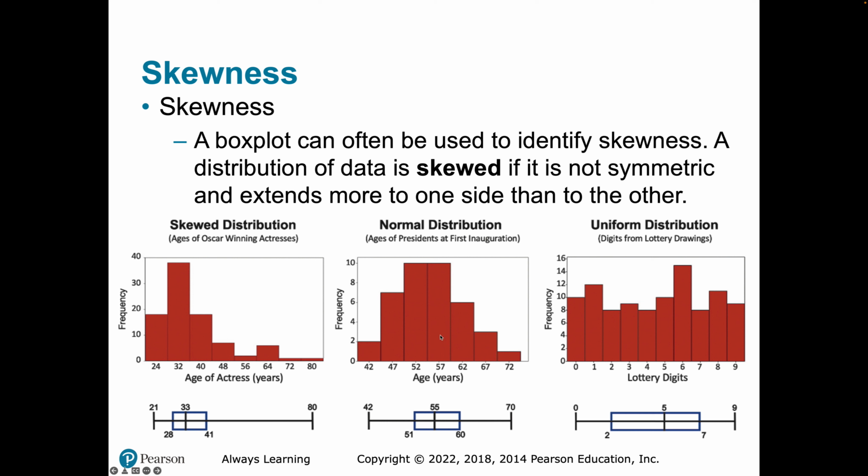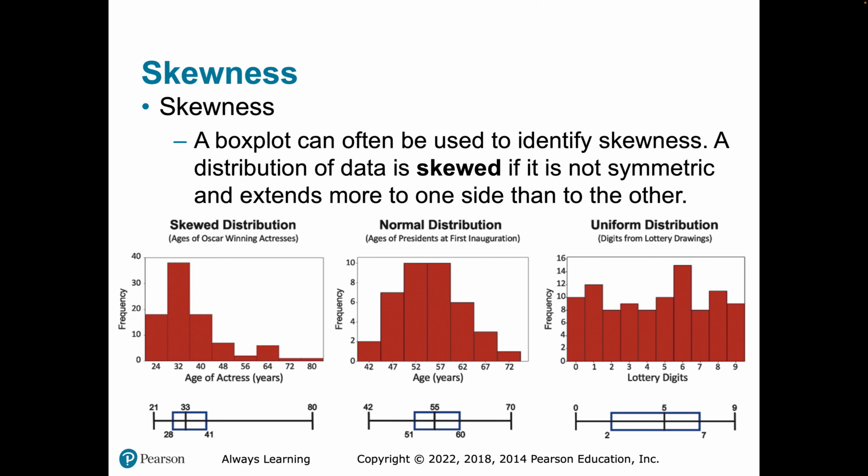If I have a symmetric distribution, then I'm expecting the left line and the right line to be about the same. And we get into something called a uniform distribution. That just tells me that the height of all the bars are just about the same. It's still a symmetric distribution, so I would expect these tails on each side to be about the same length.